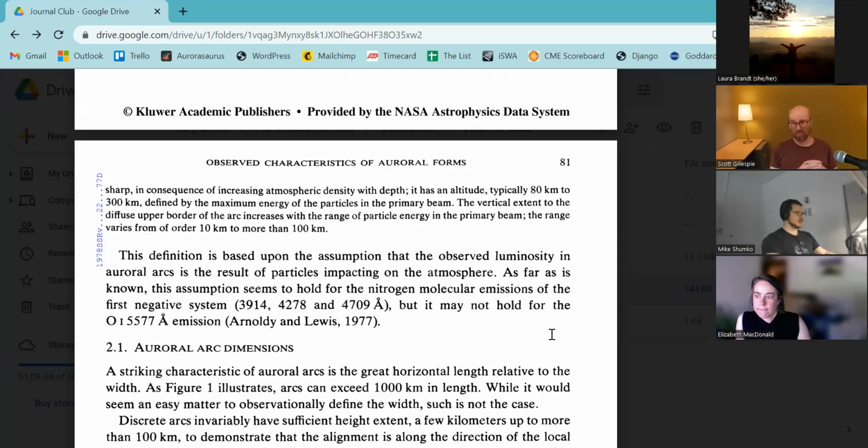Sorry. Yeah, I think so. I was just, I think in particular, I wasn't sure what the nomenclature means by the first negative system of the nitrogen molecular emissions. What is a negative? What is the first negative system, I guess? Oh, there's different diagrams, like chemistry diagrams that they label. I forget. I couldn't tell you exactly what that means.